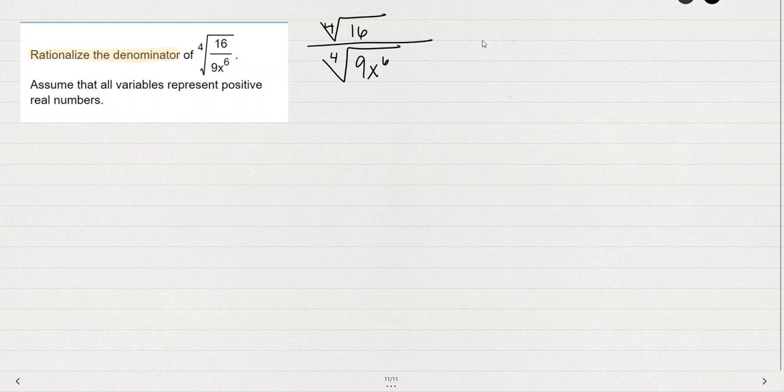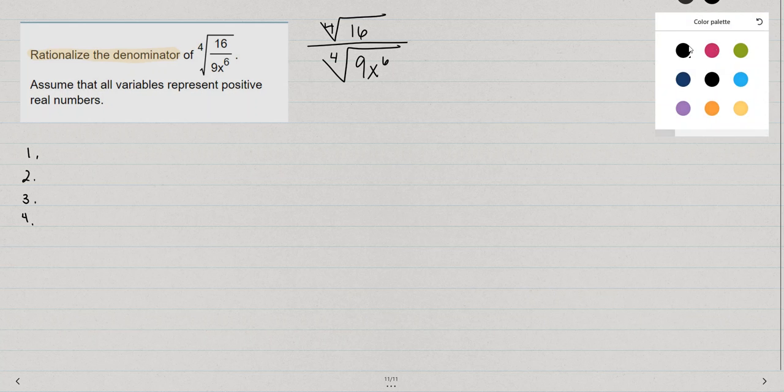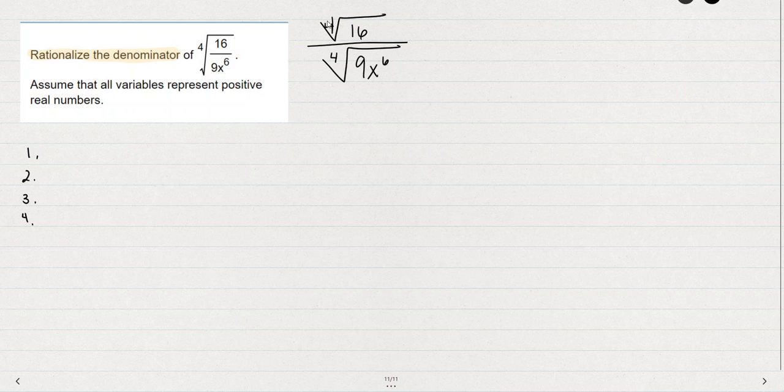Now, when we go to rationalize the denominator, there are a couple different approaches. The first approach is to simply memorize a list of steps. Do this, this, etc. But a better approach is to understand the process, and then those steps will just fall into place naturally. That's really the goal, is that you would get to that point where you really understand these steps, and then it just happens naturally.